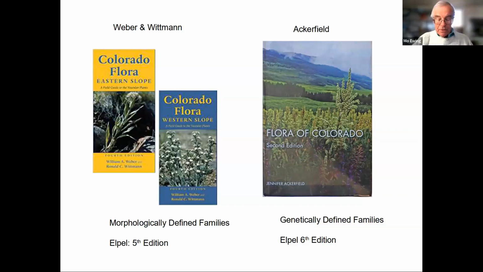But that means that sometimes, as you'll see in this, the plants that are named by Weber and Whitman might fall into a different family or a different genus, or sometimes they're even given different species names.